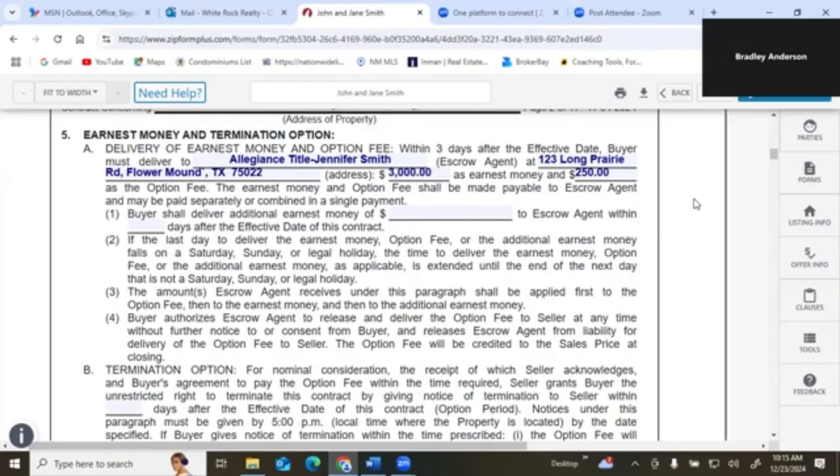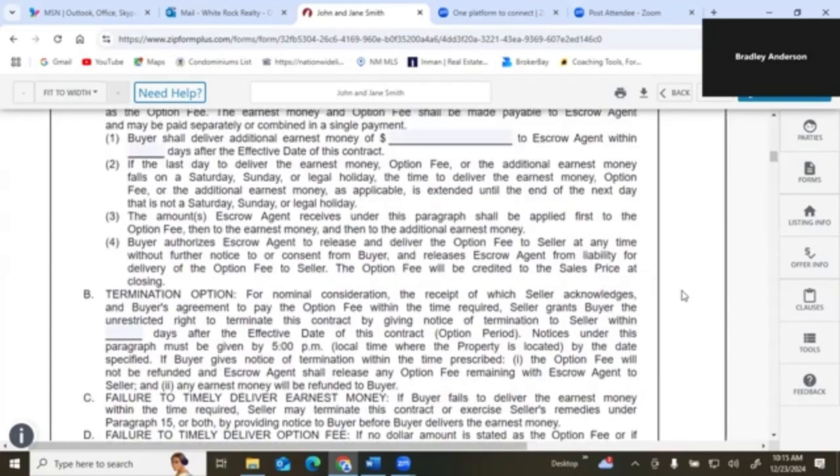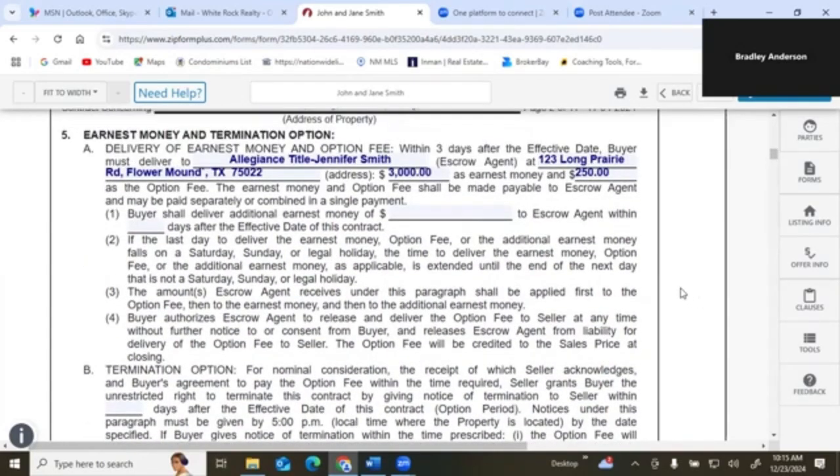Now, the other thing that we always kind of get tripped up on is when is this due? When is this due? So it is due, it says 3 days after the effective date.